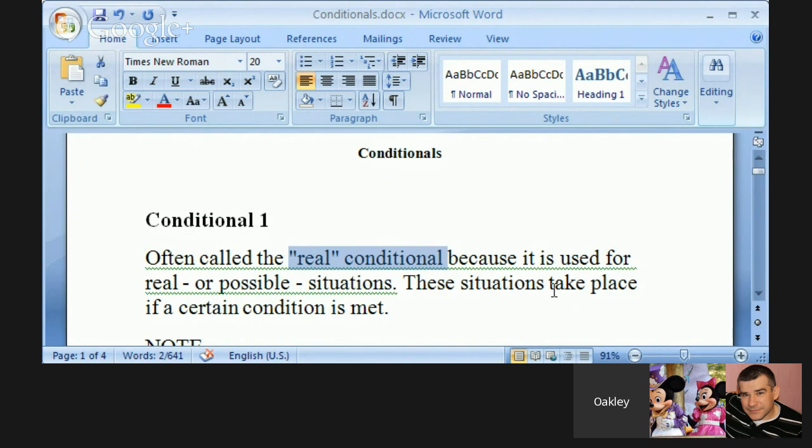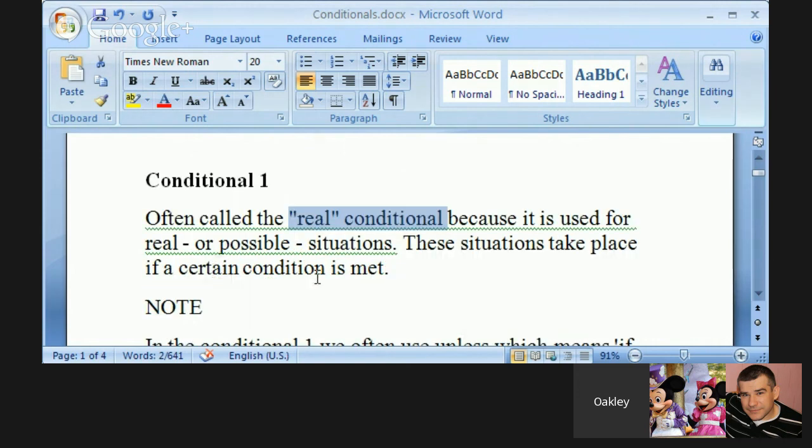Unless is basically the negative of if. When we say the real conditional, we mean situations will take place if a certain condition is met.